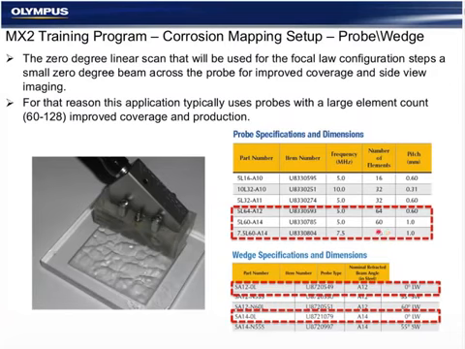The associated wedge for each family, in this example in the graphic, is an A2 family probe with the associated wedge. Any family of probes has its associated 0-degree L-wave wedge in the catalog.